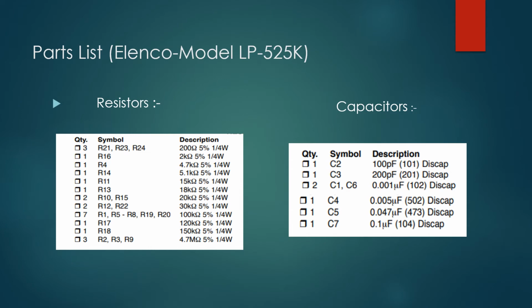There are a number of resistors and capacitors used in the circuit, about 22 resistors and 7 capacitors, with resistors ranging from 200 ohms to 4.7 megaohms, and capacitors ranging from 0.001 microfarad to 200 picofarad.